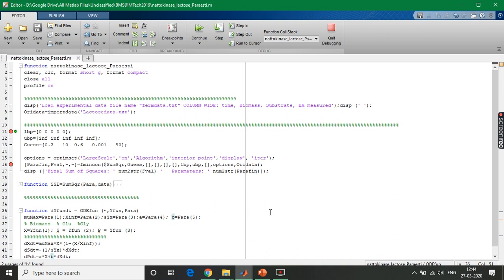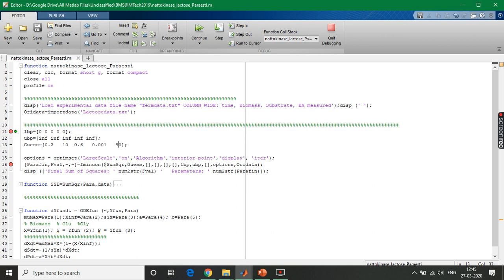So 5 unknown. So essentially what I am using, because all those are actually biologically relevant parameter, I understand none of them can be negative. So first I am putting a lower boundary, that is 0 0 0 0 0, because for all the 5, 1 2 3 4 5, upper values is also infinity infinity infinity, and guess values means 0.2, 10, 0.6, 0.001 and 90.